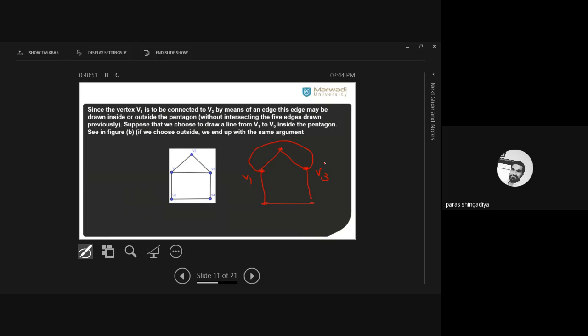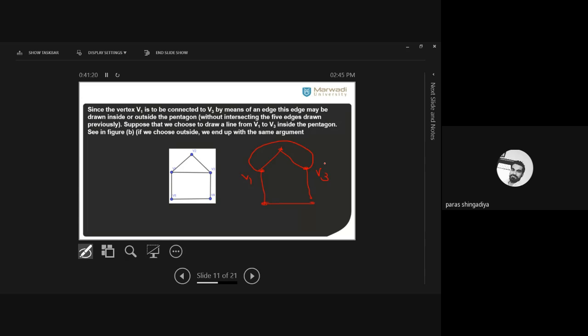So V1 is to be connected to V3 by an edge, and this edge may be drawn inside or outside. You can take either one. You will get the same answer at last. Inside or outside the pentagon, without intersecting the 5 boundary edges drawn previously, since in the last step we considered the boundary. So there is no intersection with any of the boundary edges.